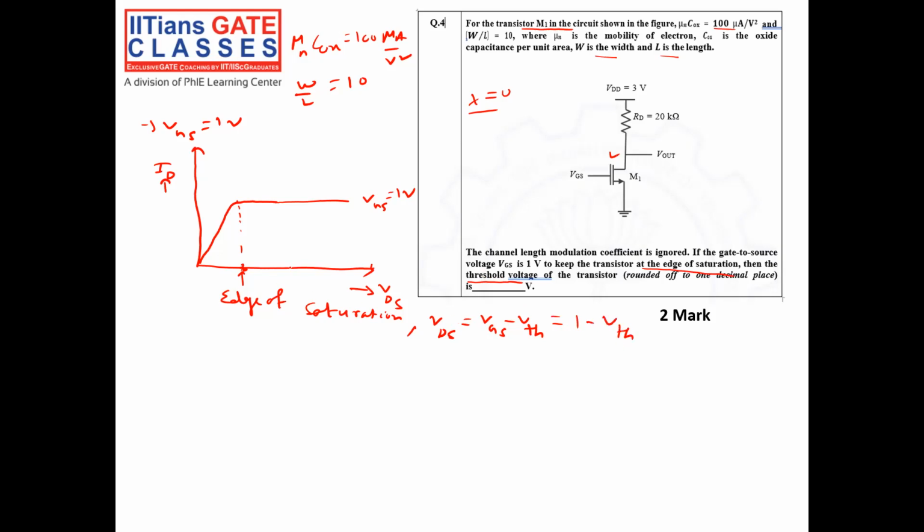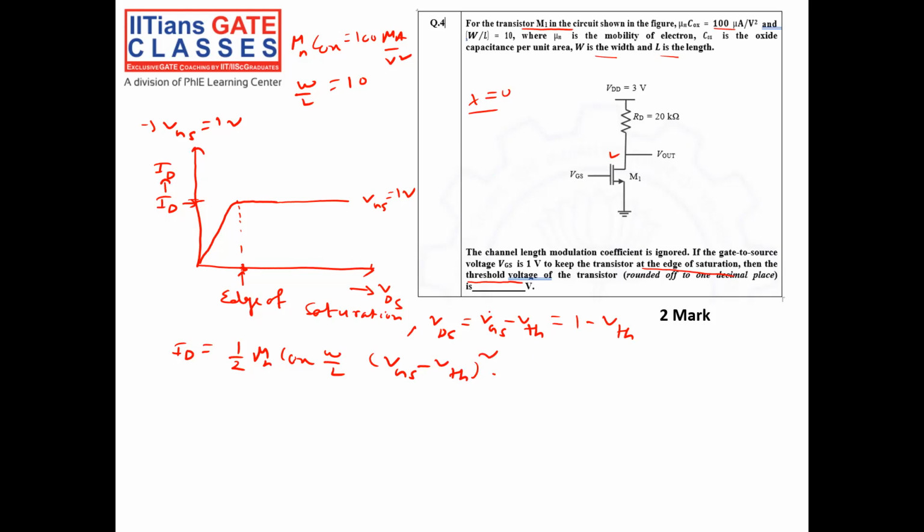At the edge of saturation, the current through the device is called the saturation current, which is given by, this is ID. This ID in saturation is given by half mu n COX W by L into VGS minus VTH whole square, into 1 plus lambda VDS.